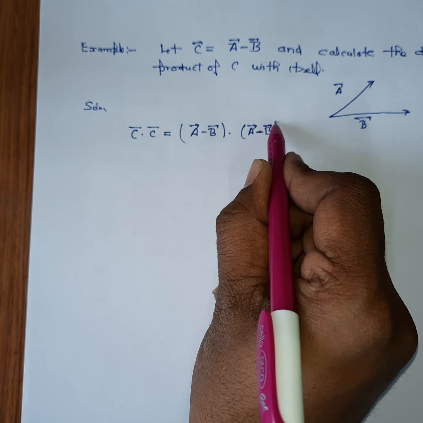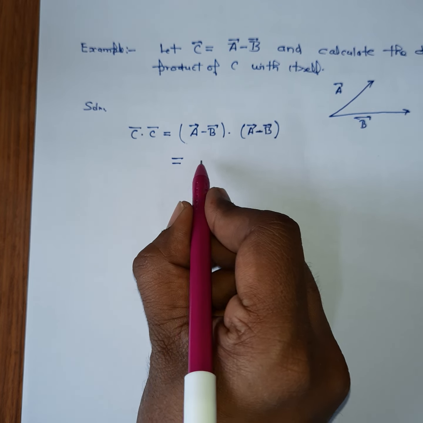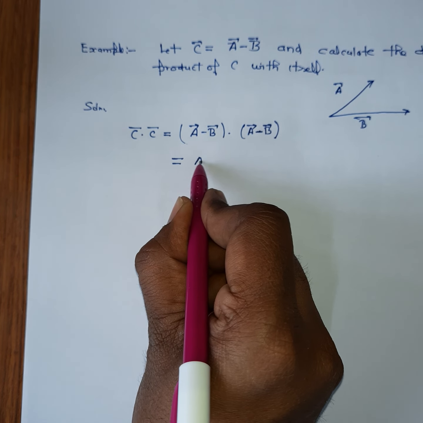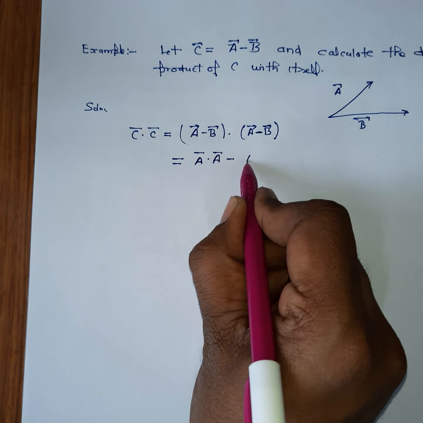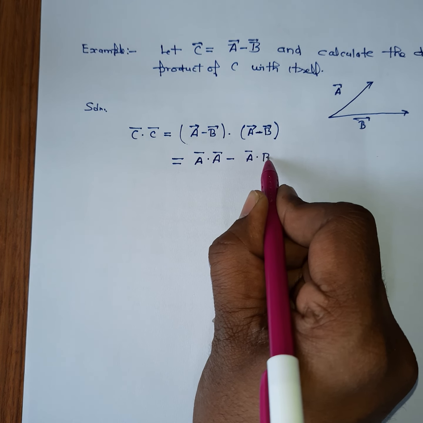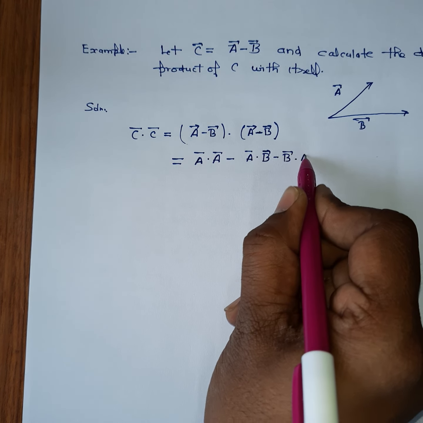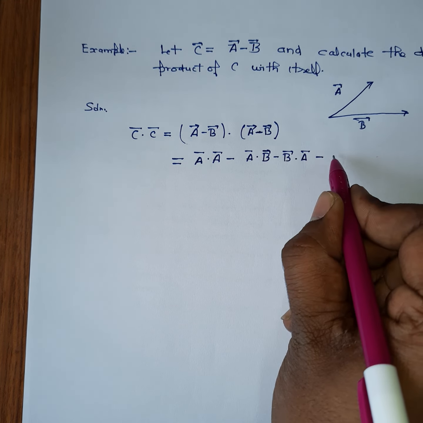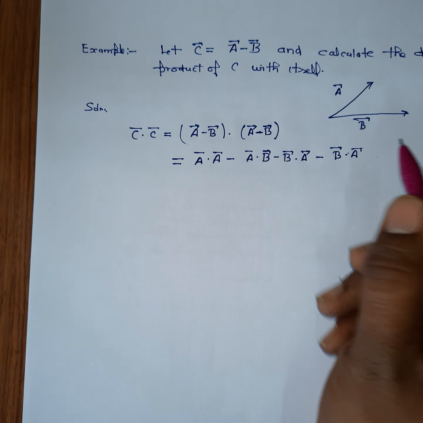Since the dot product is distributive, you can write it as A vector dot A vector minus A vector dot B vector minus B vector dot A vector plus B vector dot B vector.